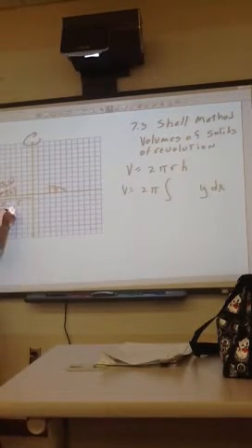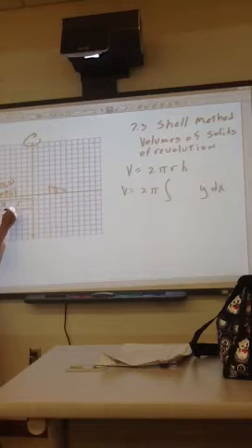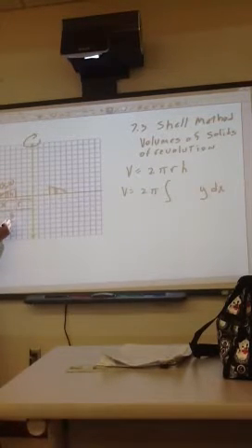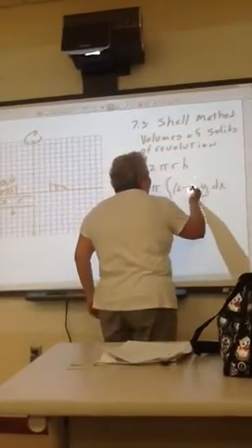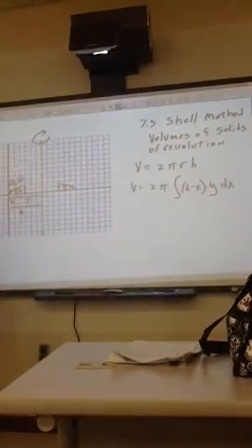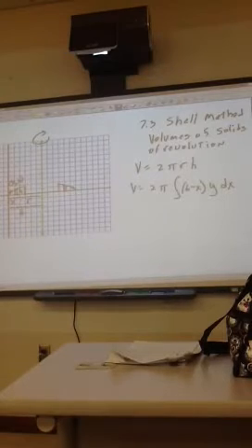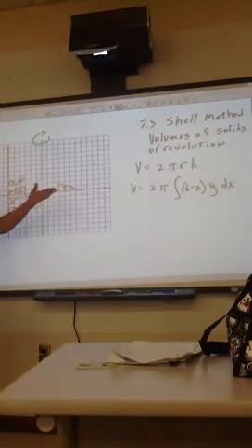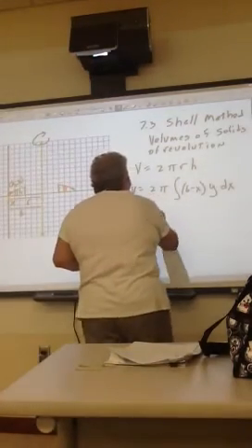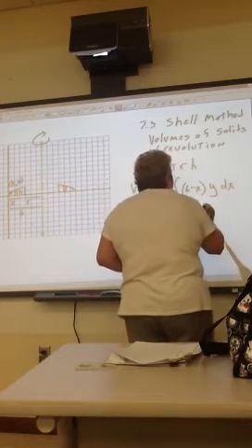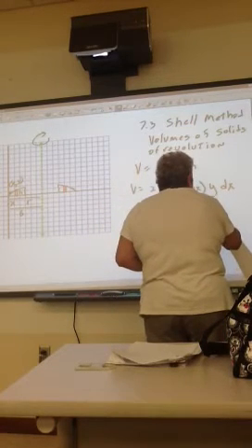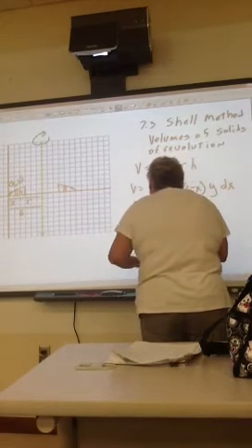The distance from here to here is 6 long, so the radius is 6 minus x. And since our equation was y equals the square root of x, we can take out that x and put in, wait, y equals square root of x.